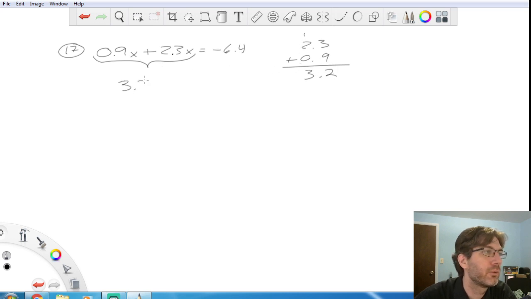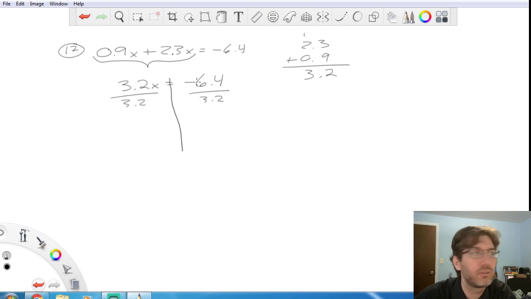So you have 3.2x equals negative 6.4. And then you just divide by 3.2. Keep in mind that is negative, so your answer is going to be negative. And then 64 divided by 32 is 2.